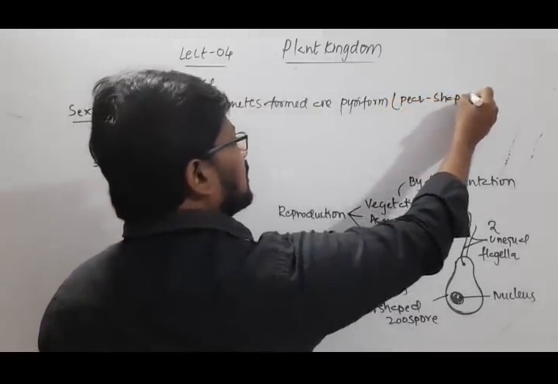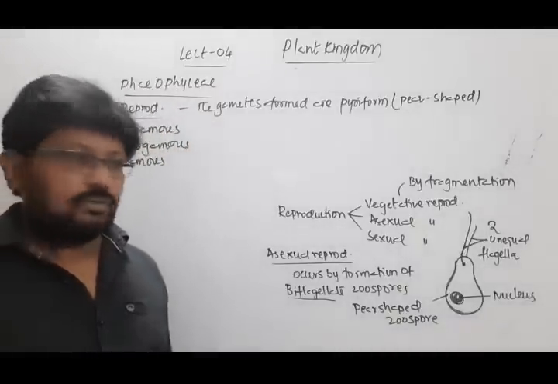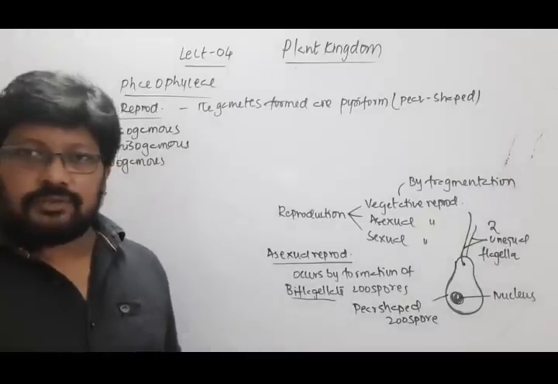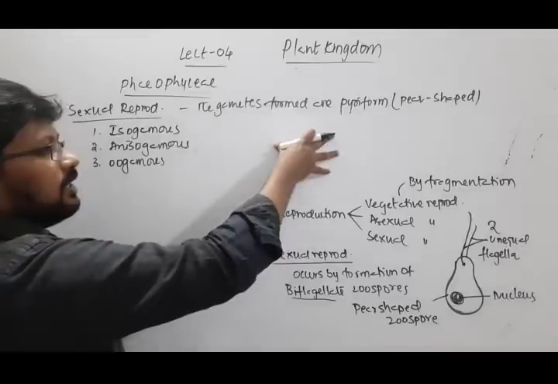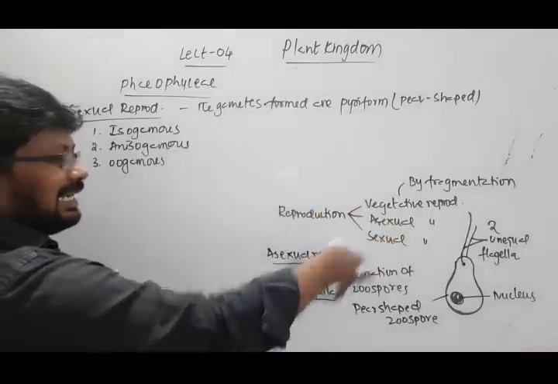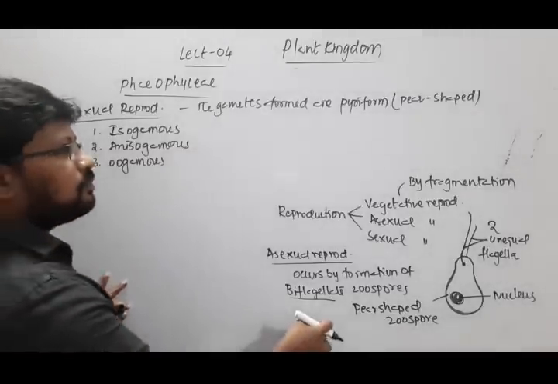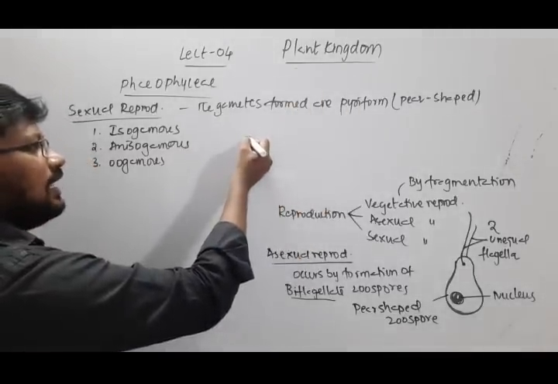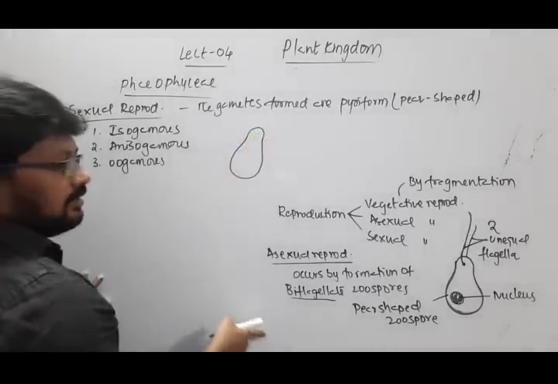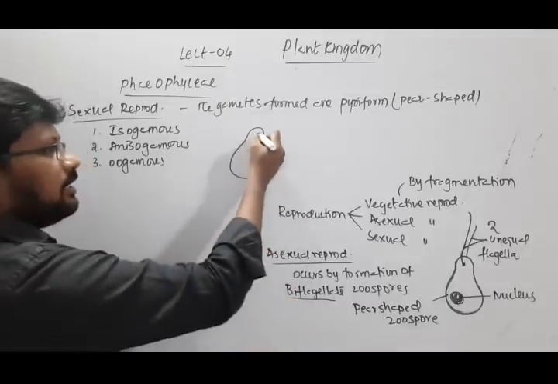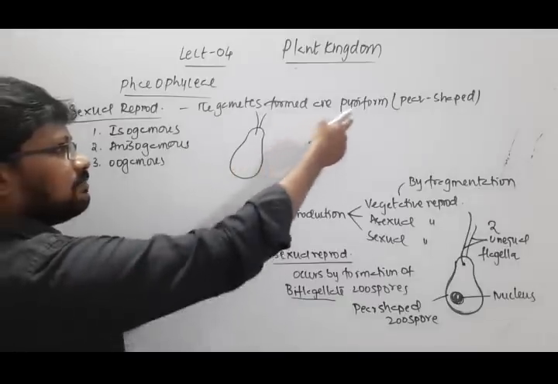Pear is a fruit. I hope if you know the fruit pear, then you can come to know the shape. So the gametes formed are pyriform, just looking like a biflagellate zoospore, and it also has flagella and is pear shaped.